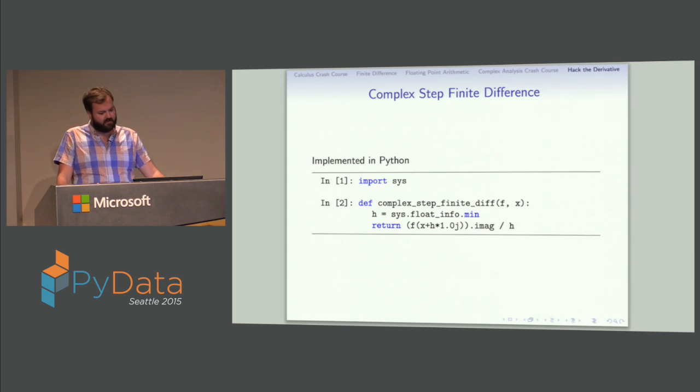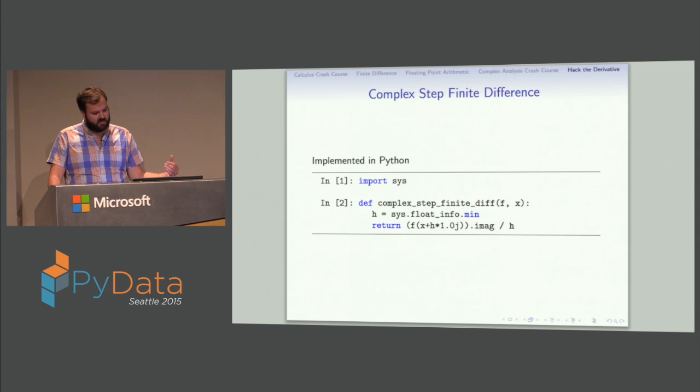So to implement this in Python, and actually in most programming languages, the imaginary unit is represented as a j rather than an i. That's because i is typically used for counting, so you don't want to conflict with that or override it by accident.